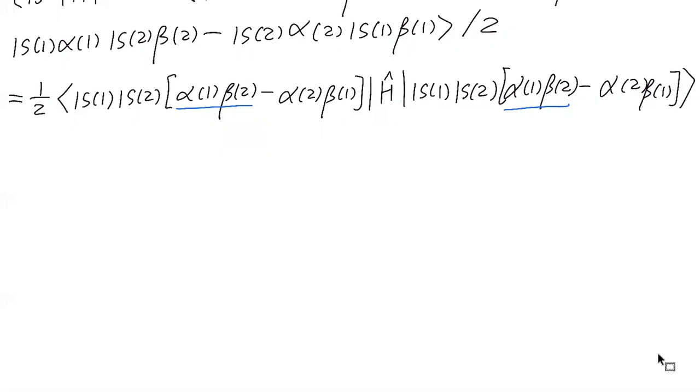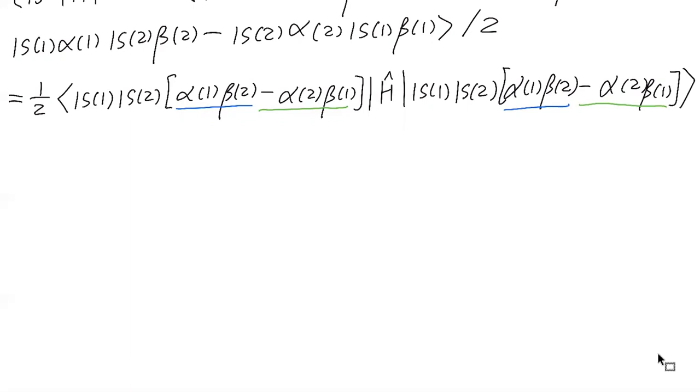And that, of course, gives you 1, right? And you have another term, minus alpha 2 beta 1 times minus alpha 2 beta 1, which again gives you positive 1, right? This is the normalization condition for the spin function.